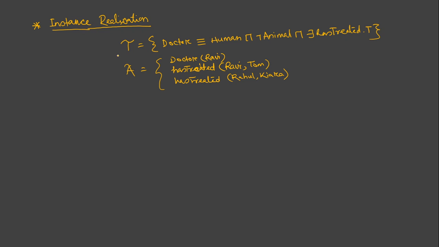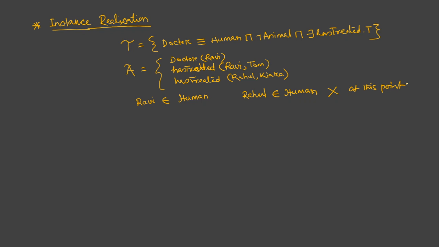So from A and T, we can say that Ravi is a member of the human class, right? Because something that is a doctor is also a human. Now from these two definitions, you cannot really say whether Rahul is a human or not, right? So we cannot really say that Rahul belongs to human at this point of time.